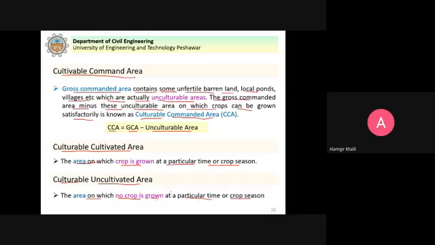The reason is that sometimes we leave the land uncultivated after one crop is grown, with no crop for different purposes. The reason could be to improve its productivity, etc.